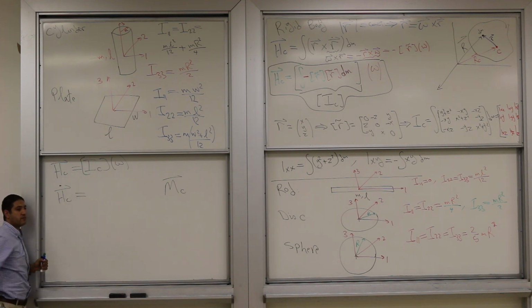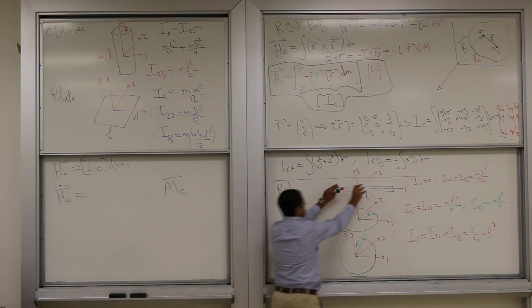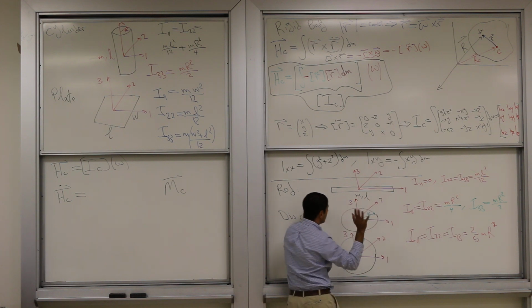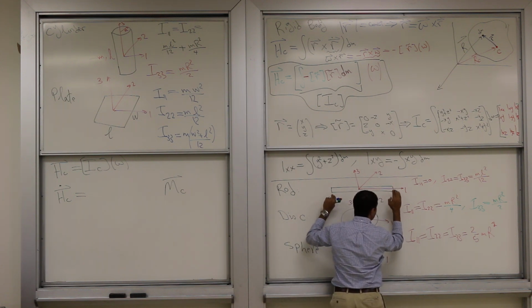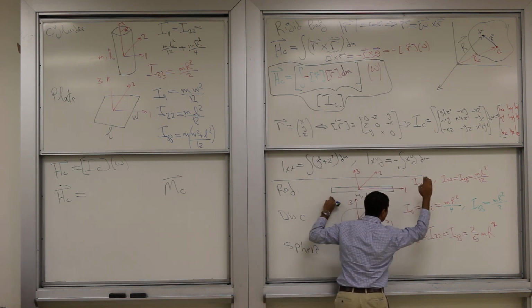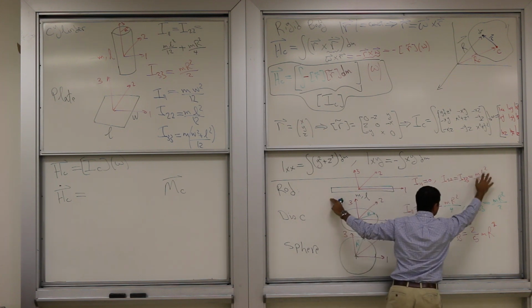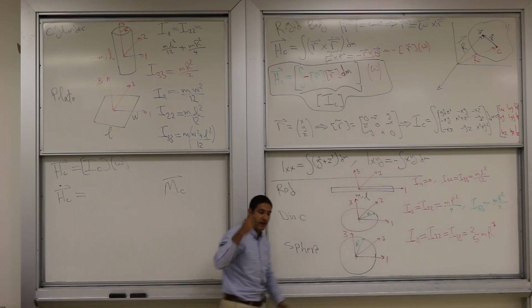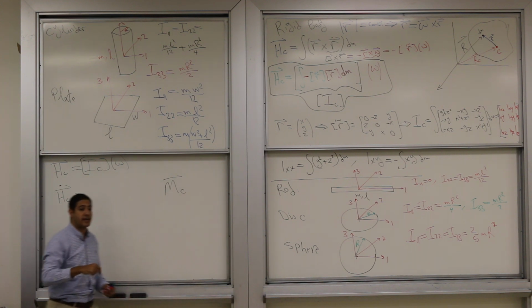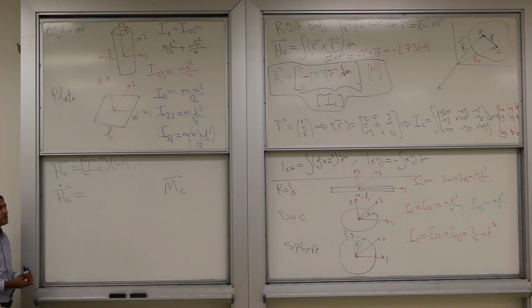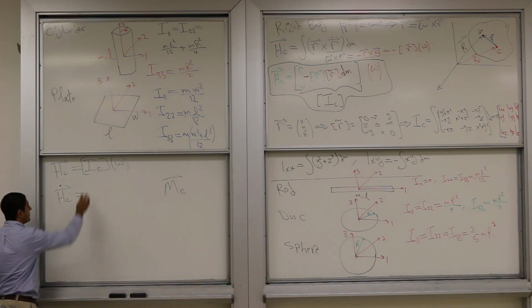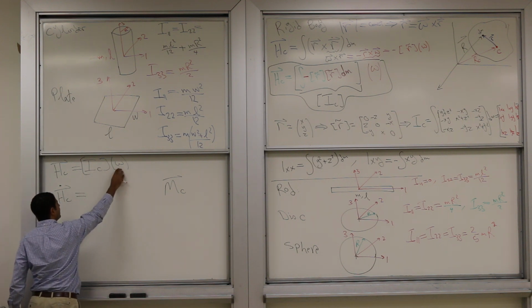Let's differentiate this. What do you think about I, the values of the moment of inertia written in the body axis? This body is rotating in a motion, but I'm always focusing in the body axis. I11 will always be this, I22, I23 will always be this, right? So the values of the moments of inertia in the body axis are constant by definition, right? So there is no derivative here, so I'm going to differentiate omega only.